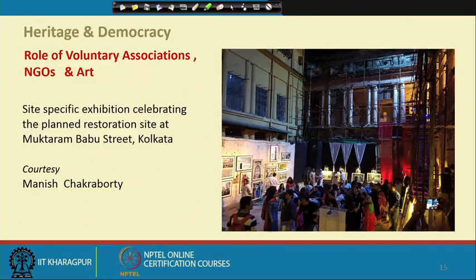It is also about how to involve the people and make them aware of what is happening. So I can see a festival like environment, bringing the people there, an art exhibition, an artist, so that it is a site specific exhibition celebrating the planned restoration site. The spirit of celebration has to be there when we are talking about heritage and resources.